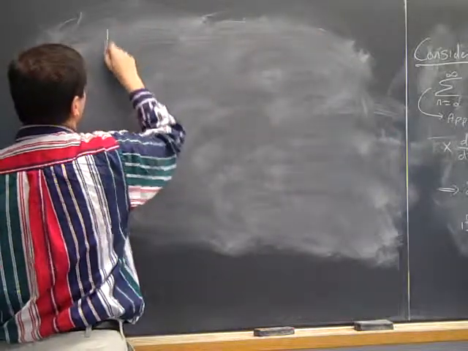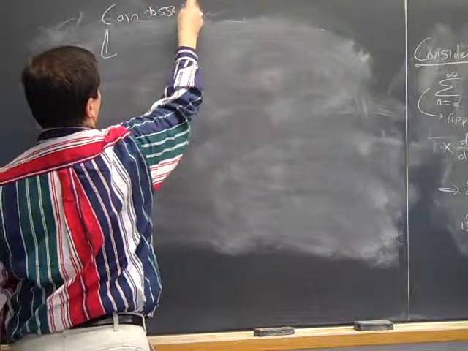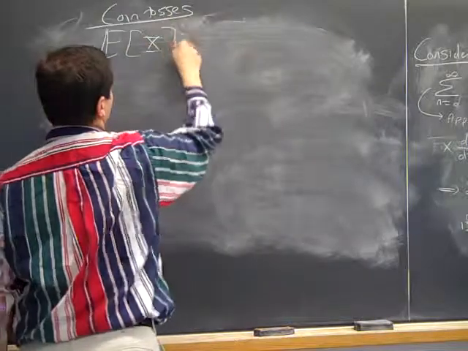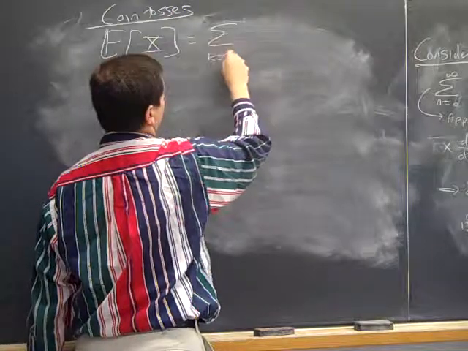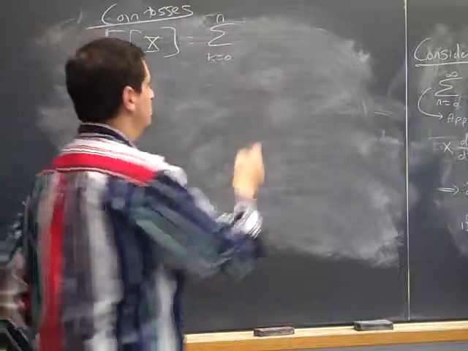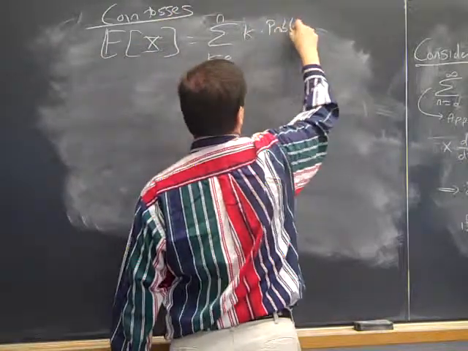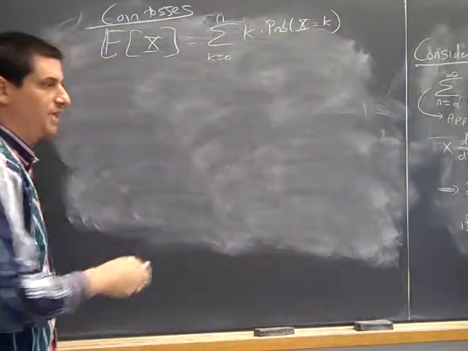So we'll do coin tosses. The expected value of x is the sum, k goes from 0 to n, of k times the probability x equals k. That's our definition for the expected value.